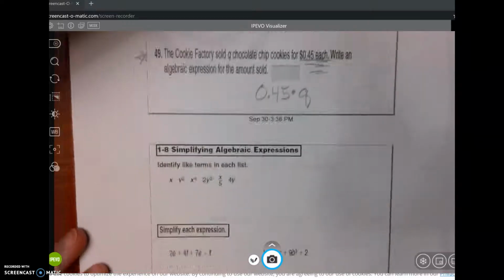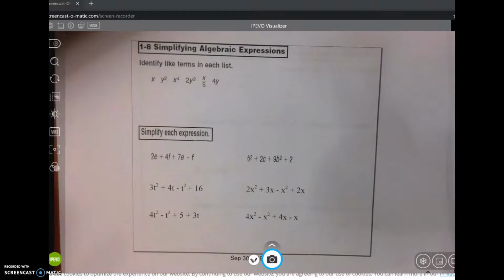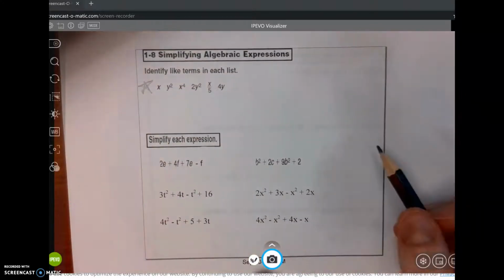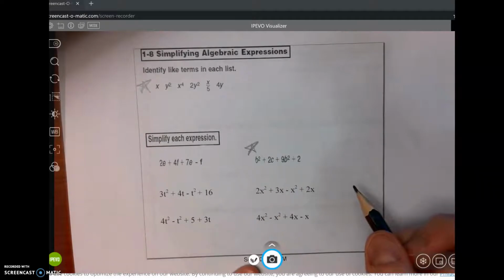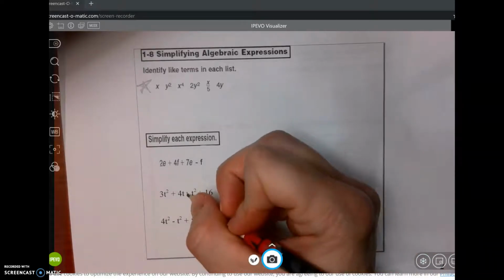Okay? Next section we did was simplifying algebraic expressions and combining like terms. So we'll do this one, identify like terms, and then we'll actually combine like terms. Let's do this one, and let's do this one, but I'm going to change it to addition.